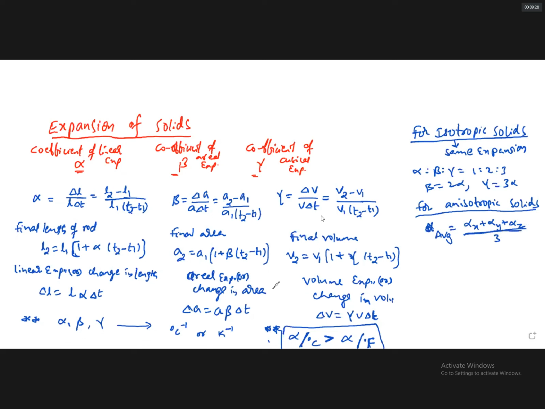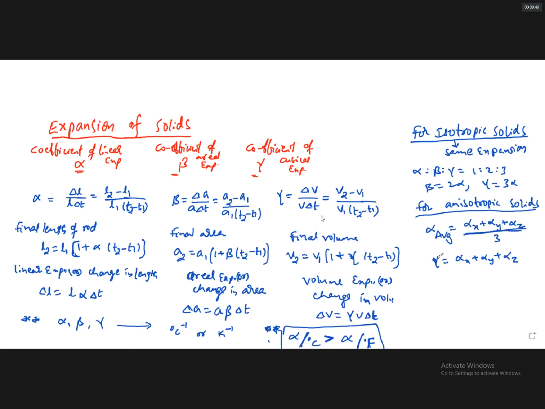Means gamma is equal to alpha x plus alpha y plus alpha z, that is 3 times the average alpha value.